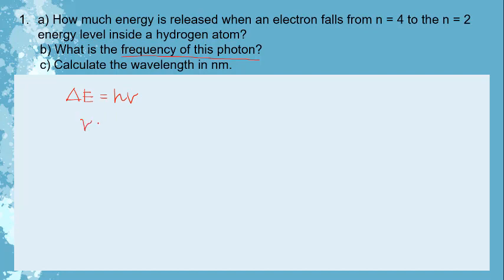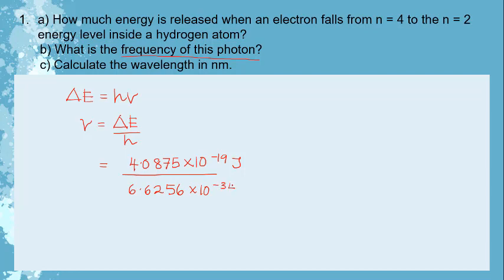We rearrange the formula to become nu equal to delta E divided by the Planck constant. Now we substitute the values, where delta E equal to 4.0875 times 10 to the power of negative 19 joules divided by 6.6256 times 10 to the power of negative 34 joule second.